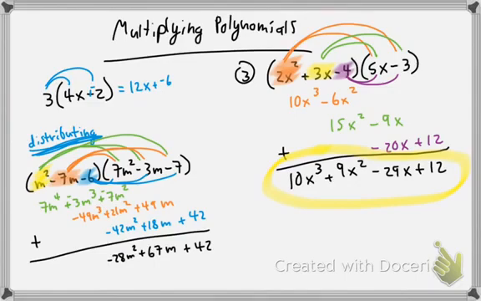And then how many m cubes? Negative 3m cubed, negative 49m cubed, negative 52m cubed. And finally, 7m to the 4th. Okay?